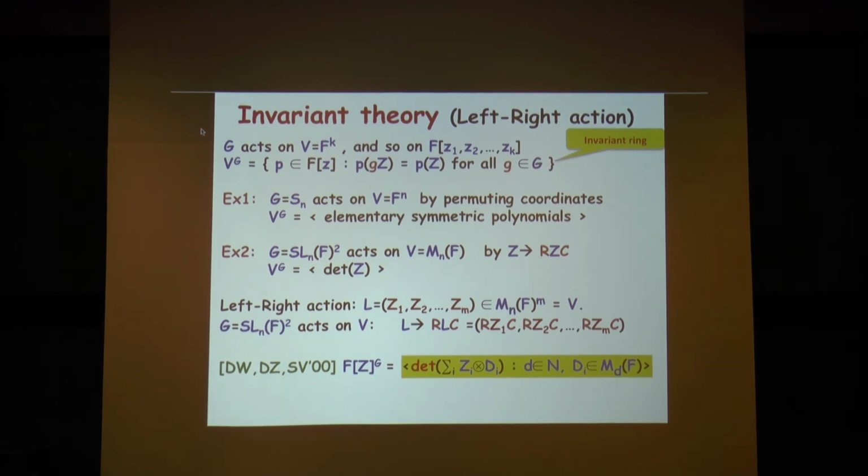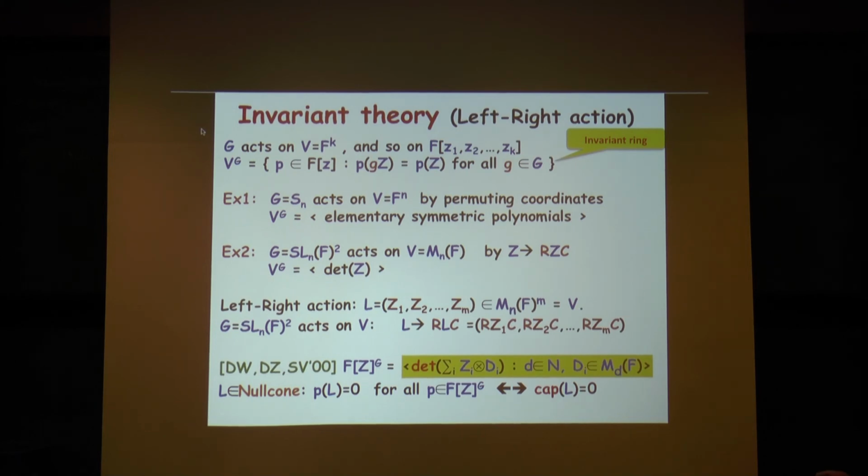Now I told you that maybe in non-commutative algebra they didn't care so much about bounds on these matrices, but I also told you that in the invariant theory game, people care very much about what are small sets of generators, what is the smallest degree. In these two cases we had degree n upper bounds on the degrees of the generators. What about here? So it just says that the invariant ring is generated by all these determinants. And, well, let me skip this, that doesn't matter.